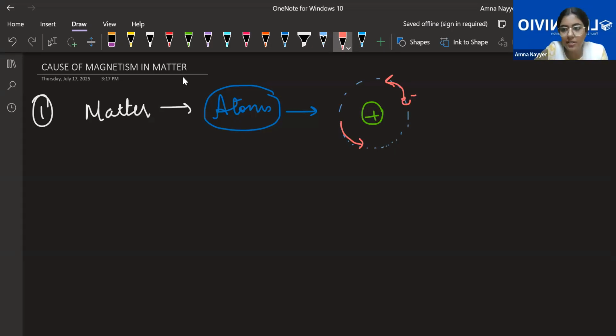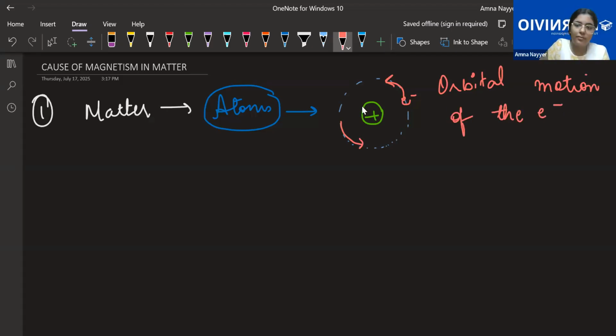The previous chapter was moving charges and magnetism. This chapter is magnetism and matter. We are talking everything at the atomic level. So this is known as the orbital motion of the electron.